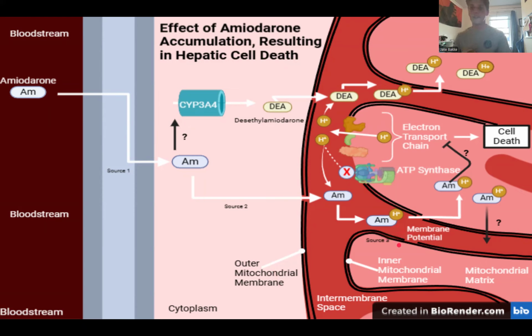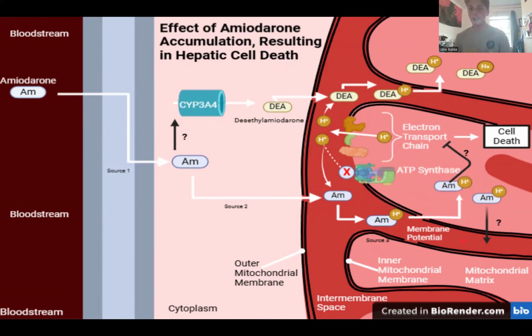And then from there, there's a proton gradient in the mitochondria. There's a lot of protons in the inner membrane space, and not as many in the mitochondrial matrix. So amiodarone is able to exploit this and go into the mitochondrial matrix using that membrane potential.